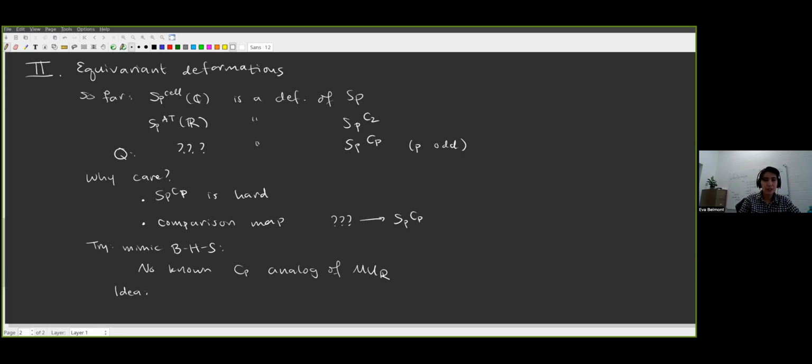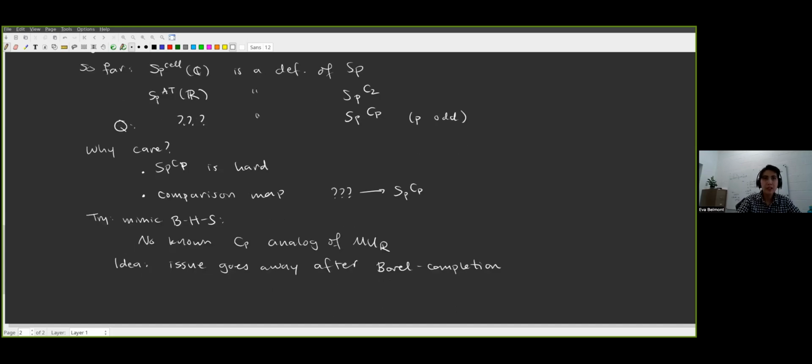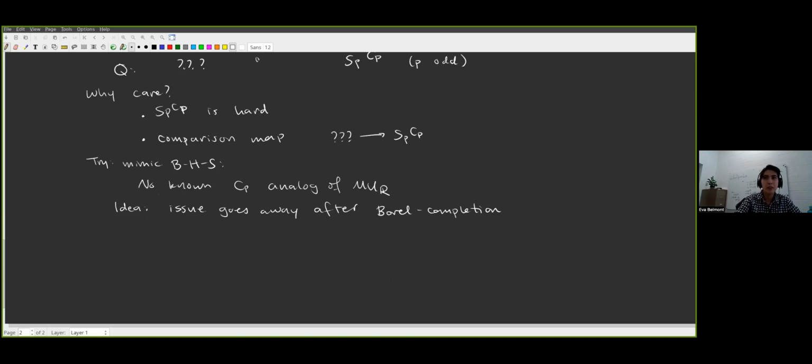The main idea in the work that I'm talking about is that this issue goes away after Borel completion. I don't know how to make an odd primary analog of MU_R, but the claim is that we do know how to make a Borel-equivariant analog of it.